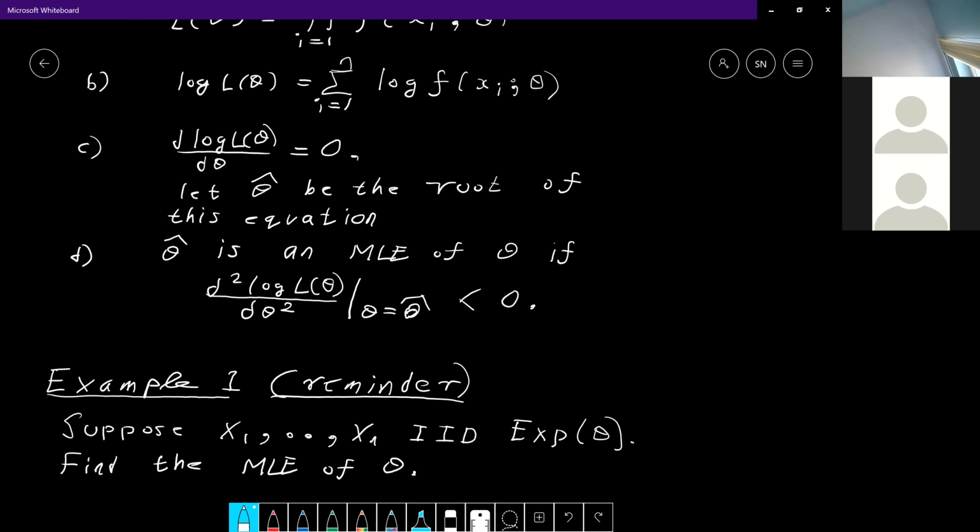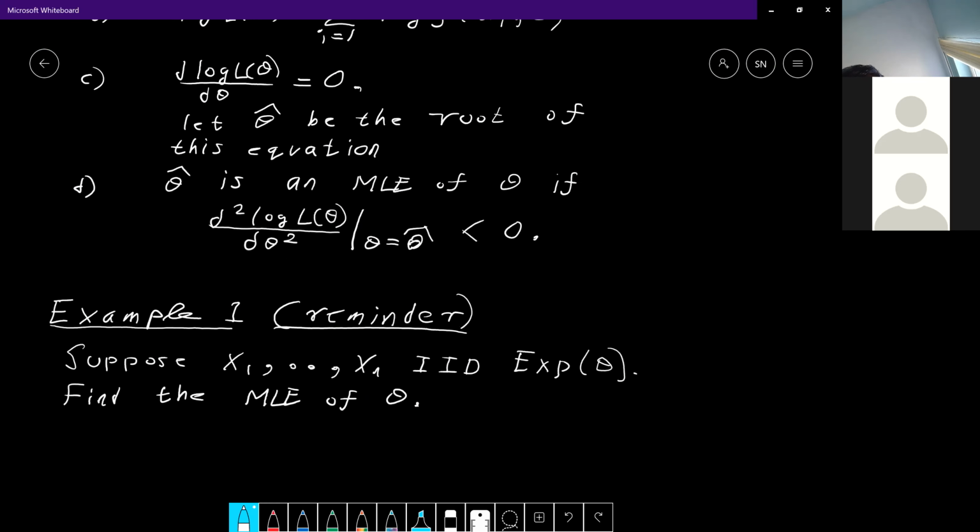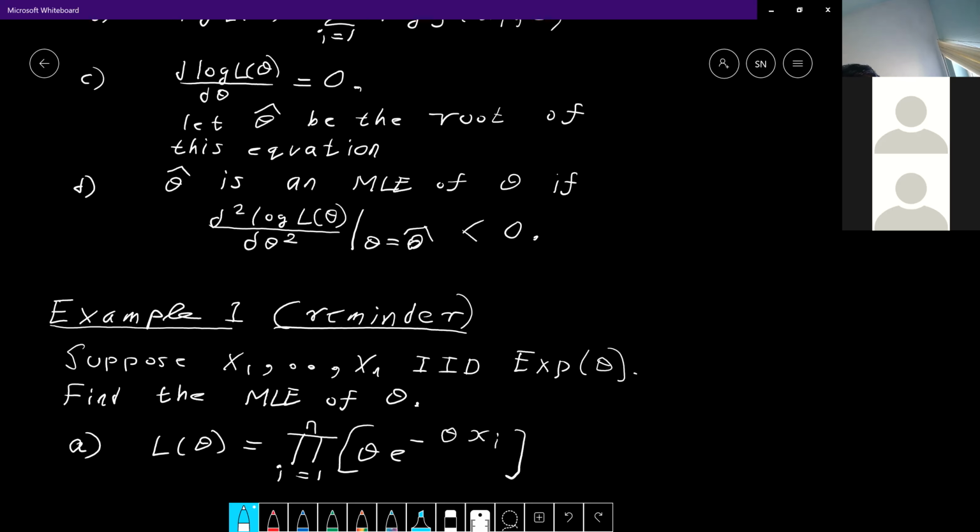So using the four-step procedure, the first step is to write down the likelihood function, which is the product of the density, the density of exponential, which is theta e to the minus theta x_i.